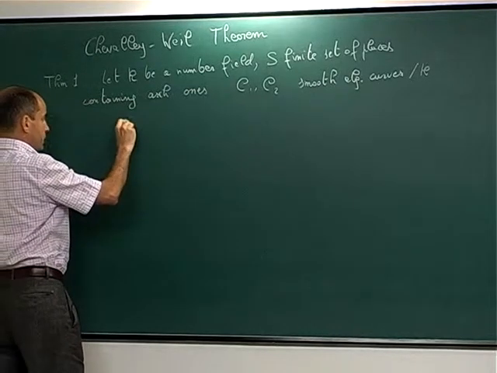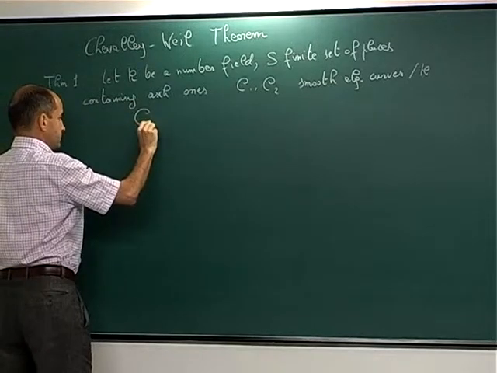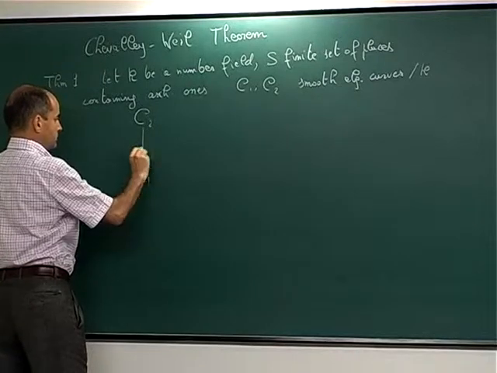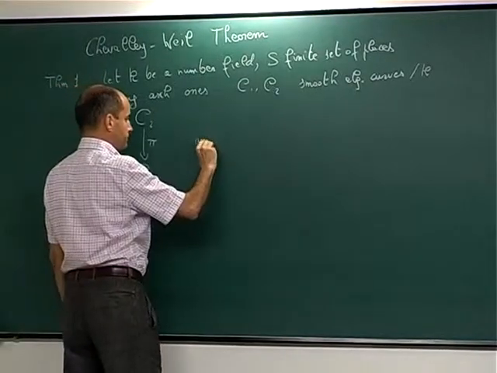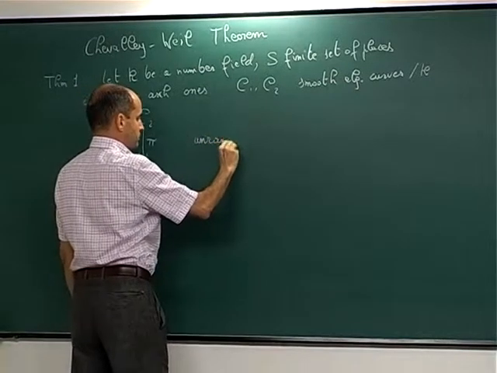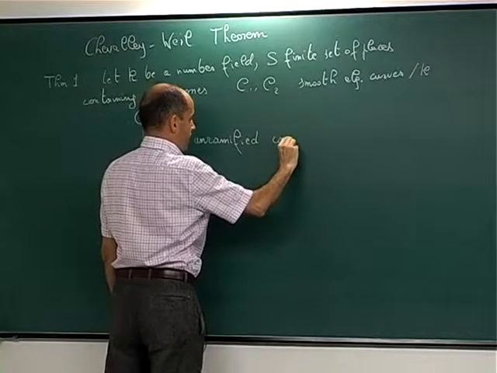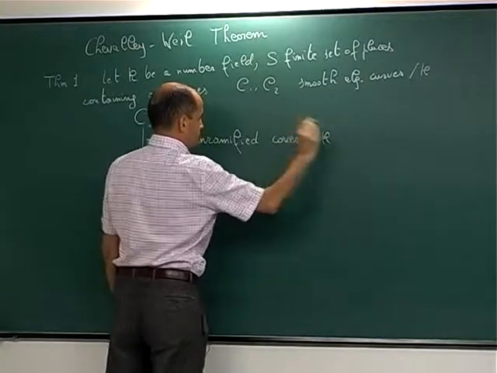And phi: C2 to C1 is a morphism, unramified over C1, defined over K.